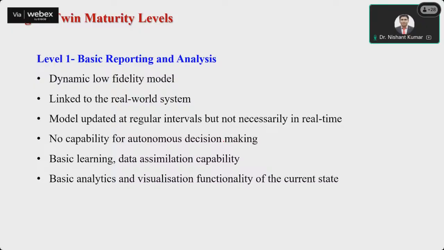In level one, simply basic learning and data assembling, and we can visualize all these things on our platform. Definitely some suggestions will pop up on the screen, but only if the operator triggers will those things pass to the physical system to take the counter action. This is your level one.